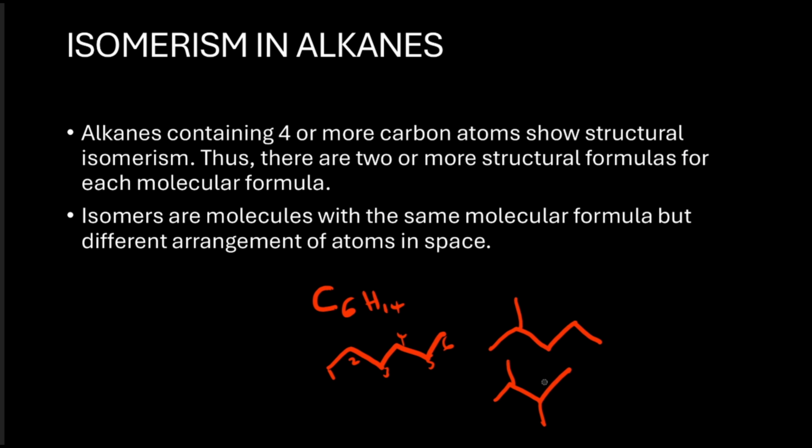And then we can also have something like this. So we can also have another structural formula in this way. So we can see that all these structures have exactly 6 carbon atoms, and then they have different arrangements of these carbon atoms in space.